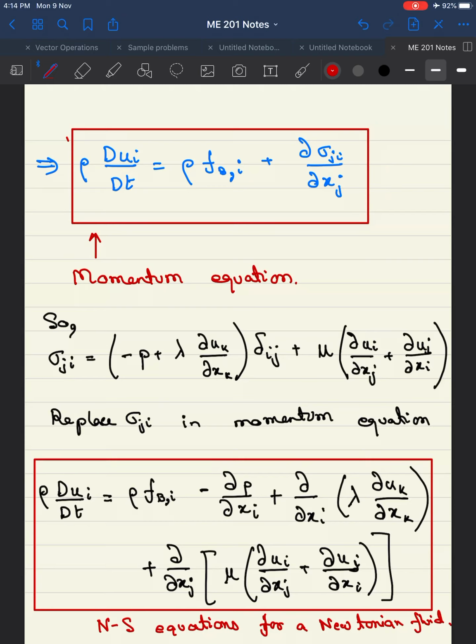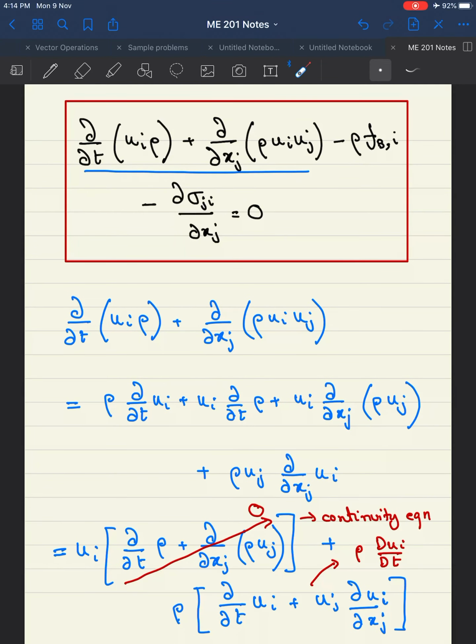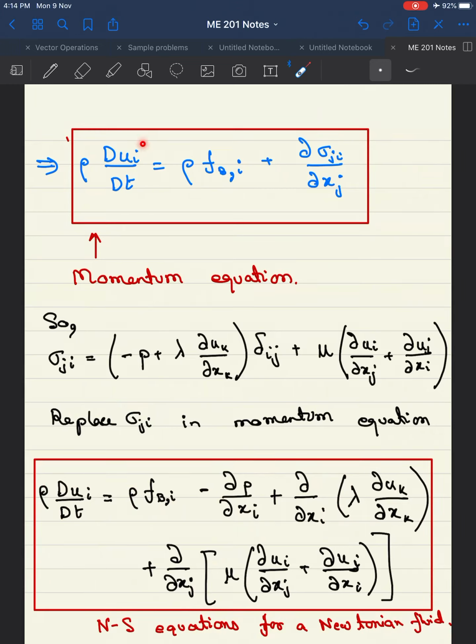So now I hope you are at a stage to understand and appreciate that the Navier-Stokes equations, the way they are written, utilize the conservation of linear momentum equation, and along with it the continuity equation is also utilized at one place to simplify things, and you end up with this particular formulation where you then utilize the constitutive relationship that is special for Newtonian fluids.